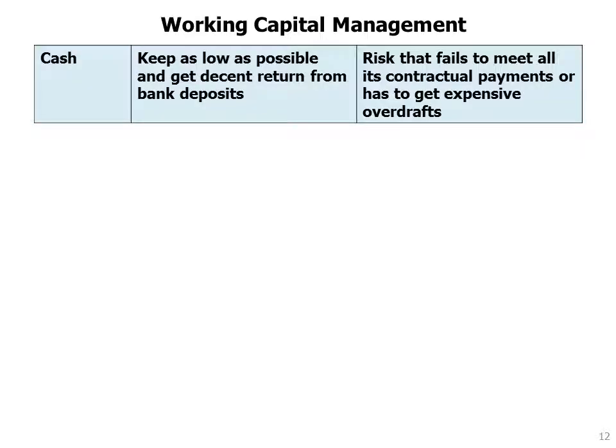So in terms of cash, we want to keep as low a level of cash as possible, and what cash we do have to get a decent return from deposits, which favors less liquid deposits. But the risk here is that if you don't keep enough cash or keep it in too illiquid a form, the firm fails to meet its contractual payments or has to get expensive overdrafts, and we'll look at the consequences of missing payments in a moment.